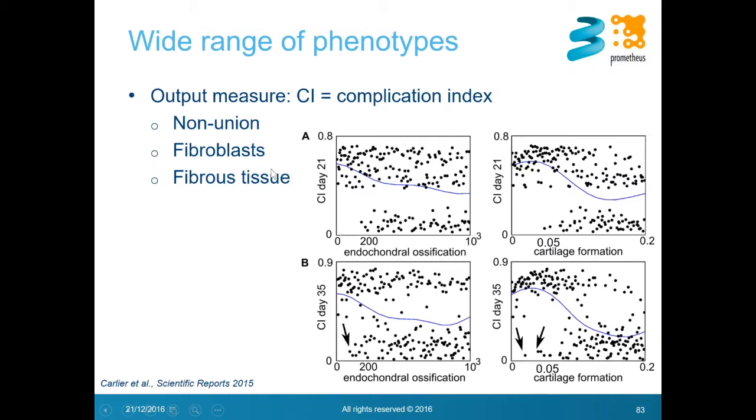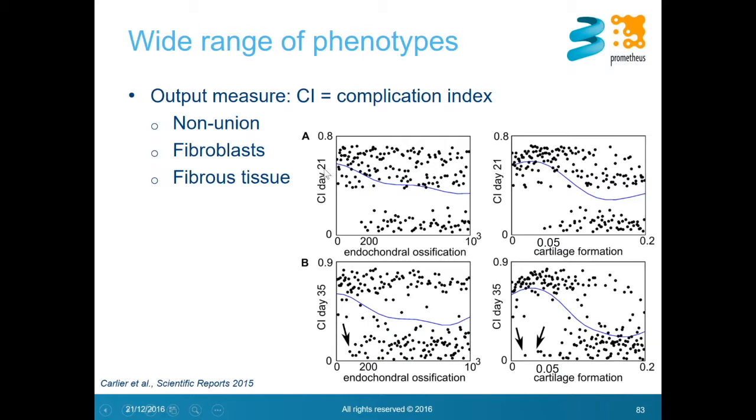non-union. So if we look at the NF1 non-unions, which are the very high values here, we see that if you look at endochondral ossification, for low values, you actually have always non-unions, but also any value of endochondral ossification could lead to a non-union, depending, of course, what the other parameters are doing.